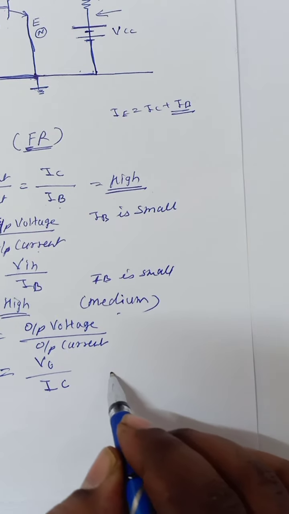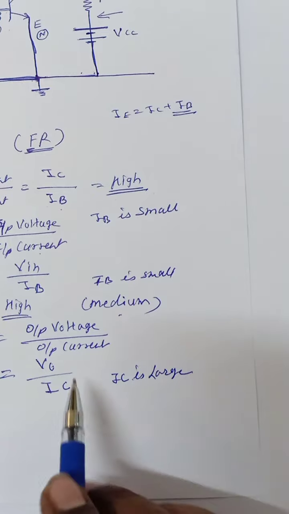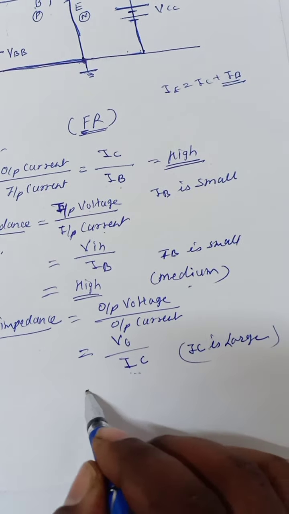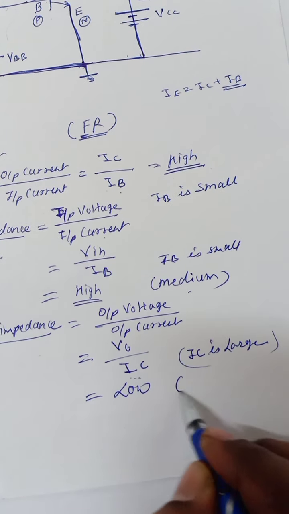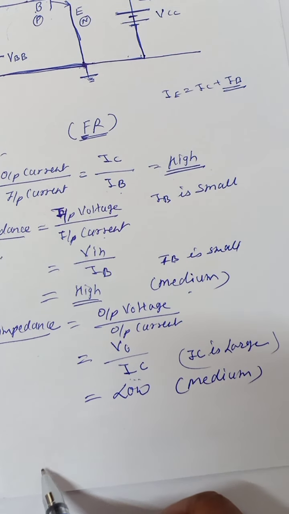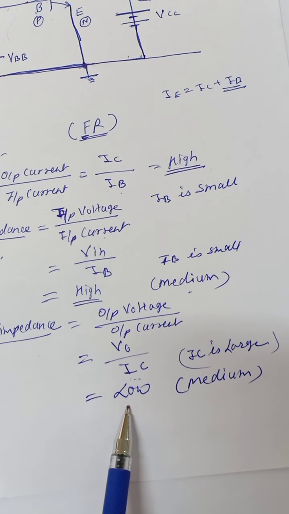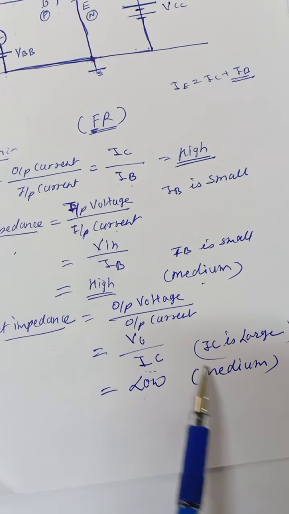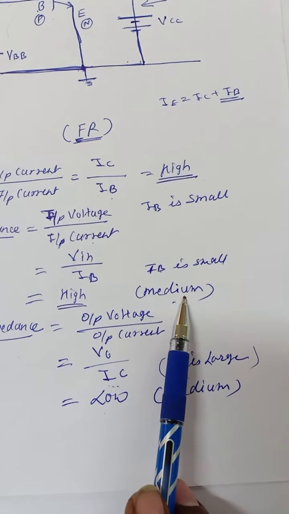Here IC is large, so the denominator is large, therefore we get low output impedance. But if you consider the range, it is also medium. So we have high input impedance and low output impedance, but if you compare these two, it is medium.